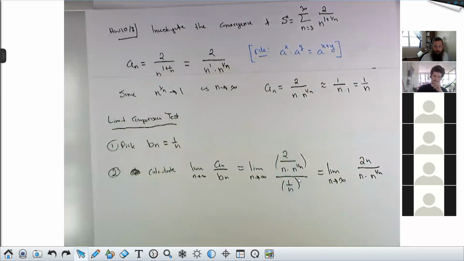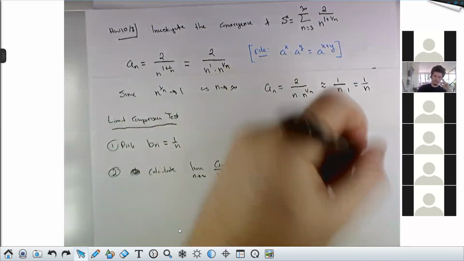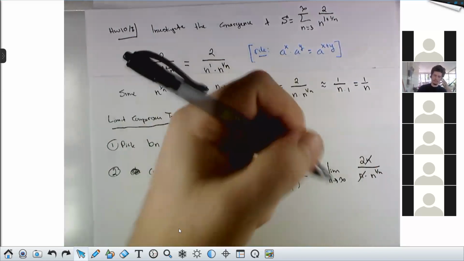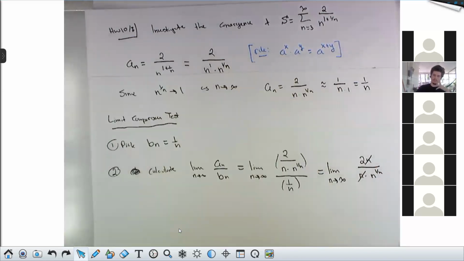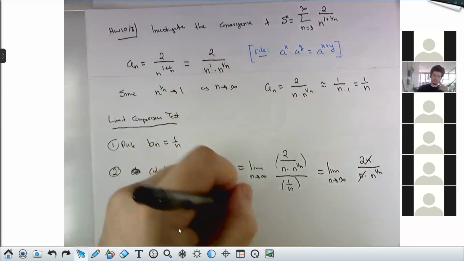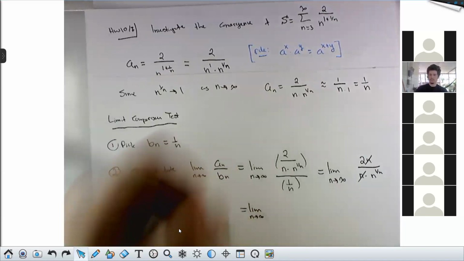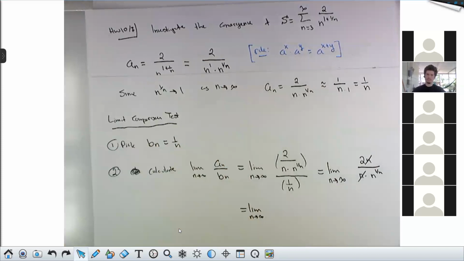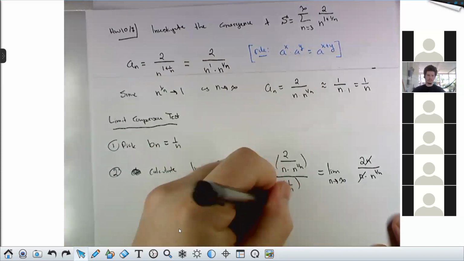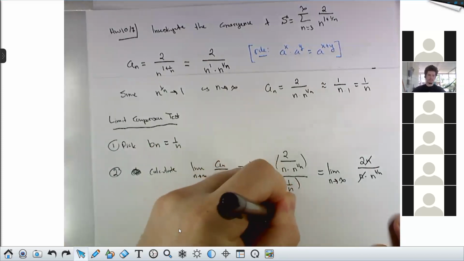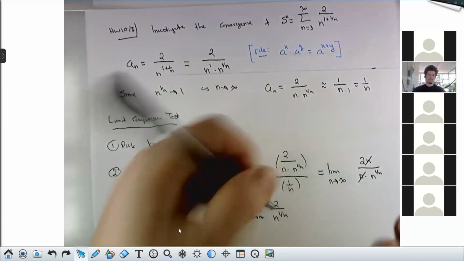Of course, the n's here will cancel. And that leaves me with the limit as n goes to infinity of 2 divided by n to the 1 over n.